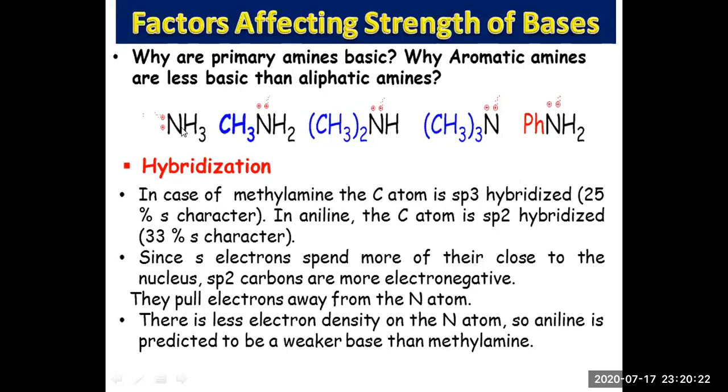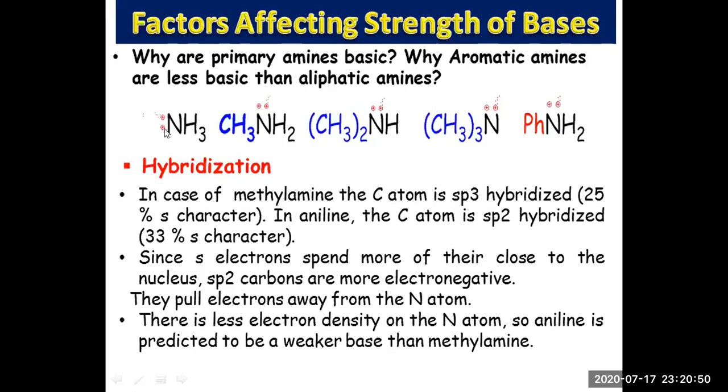In primary amines, one hydrogen is replaced by alkyl group. In secondary amine, two hydrogen atoms of ammonia are replaced by alkyl group. In tertiary, all three hydrogen atoms of ammonia are replaced by alkyl group. Whereas in aromatic amines, you have an aromatic ring attached to NH2 group. It's a primary amine.